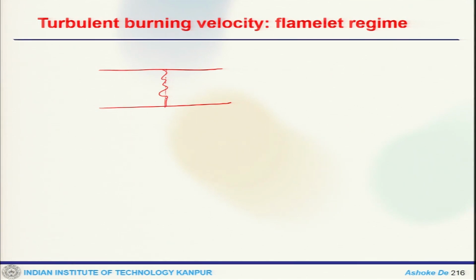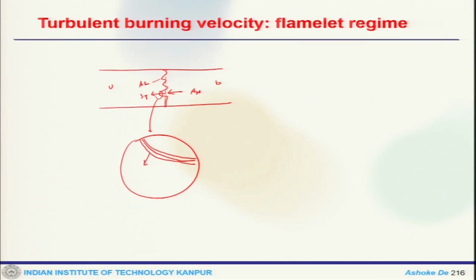This area one can call AM, this is AL, and this would be ST. This is the unburned side, this is the burned side, and particularly if one has to look at this portion, one can think of a different smaller layer like this, where this would be the SL and there would be AD of that scale. So, low intensity, large scale.